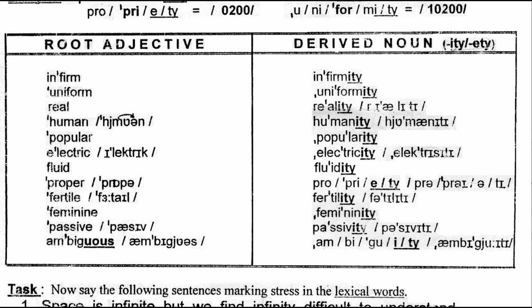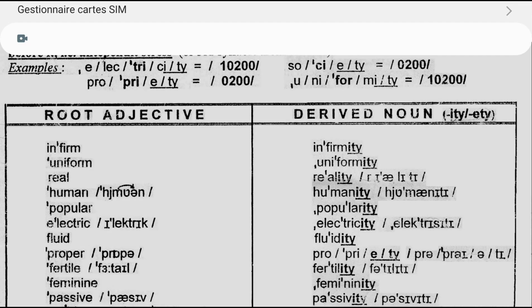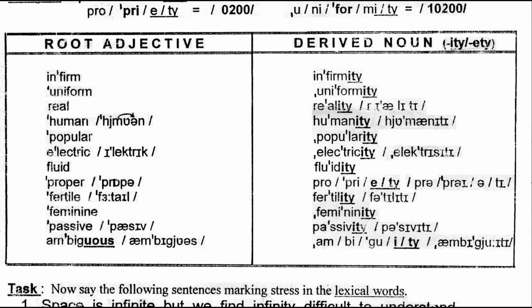Fertile, the stress on fer. When we add ity, it becomes fertility. The next word is feminine. When we have added ity, it becomes femininity. So the stress, as usual, is on the antepenult.